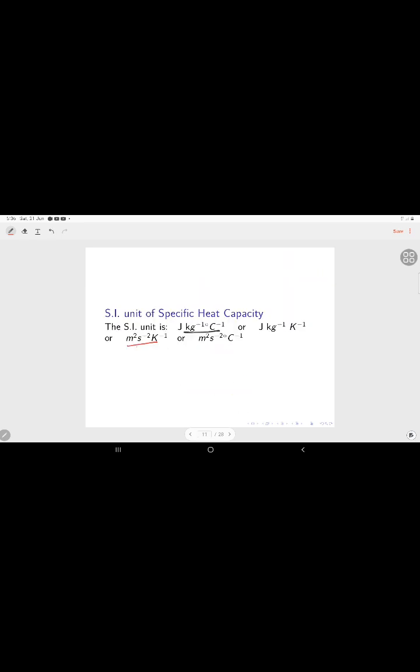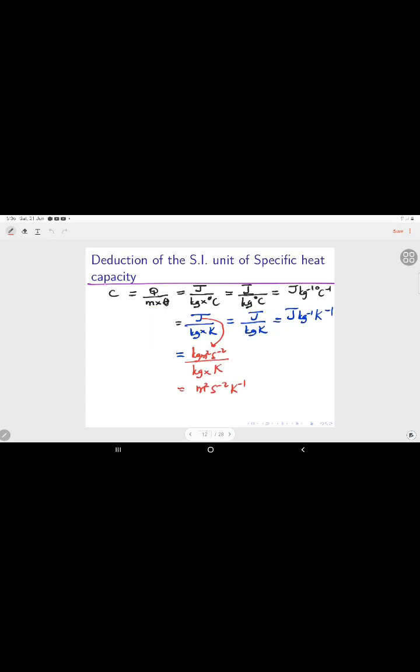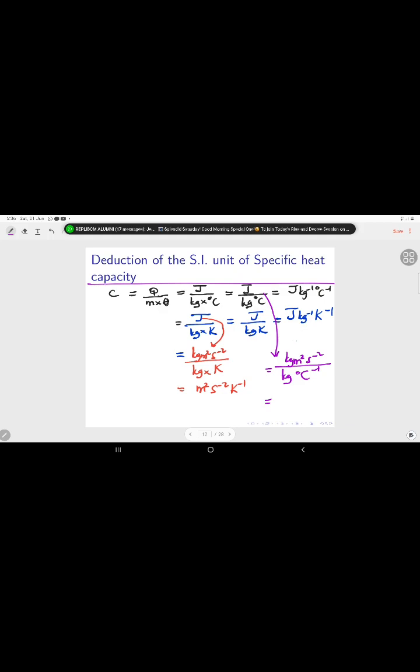So you see we have derived this. And likewise, when you use the same approach for degrees Celsius, you are going to get the same thing. Kilogram meter squared s to the power of negative 2 over kilogram. So the kilograms will go, and you are going to get what? Meter squared s to the power of negative 2 per degree Celsius. So that is why we got this.